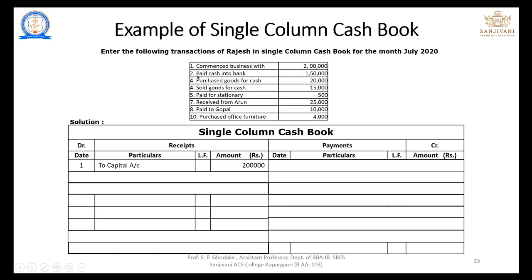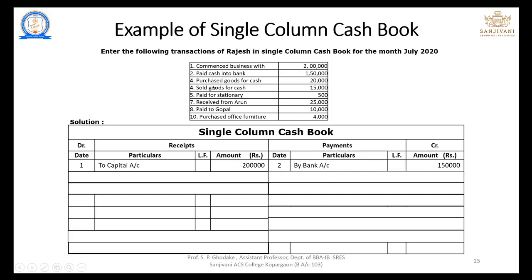Then second is paid cash into bank. So from this business the cash is going to bank, so that is why we have to write it on the payment side. That is, here we have date 2 July by bank account, as the cash is going out, so it is a payment, 1,50,000.